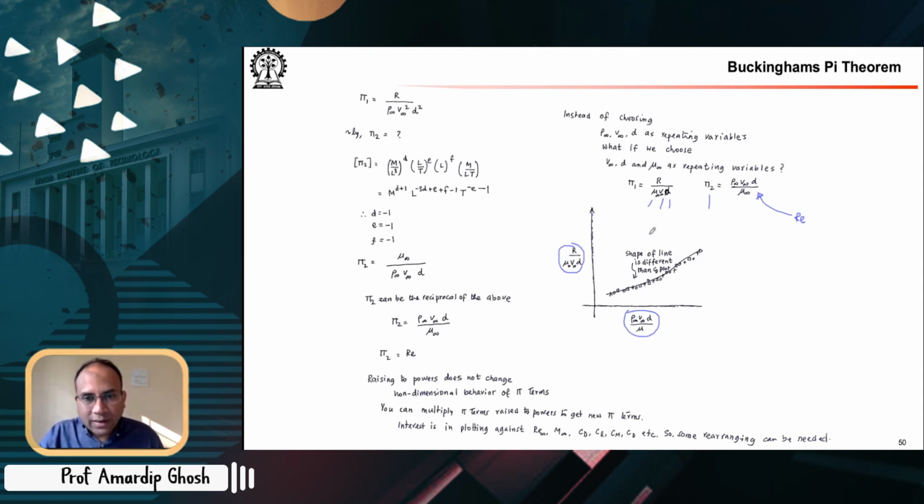So you still have that advantage, but that physical insight of how things vary with physically relevant non-dimensional parameters will not be there. And of course, this line will be different from whatever you get from here. But nonetheless, the data collapse and all those things are similar, and bear the same advantage as we have seen.